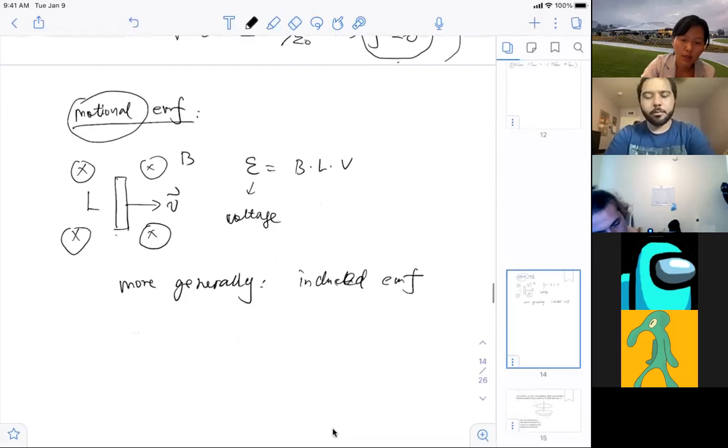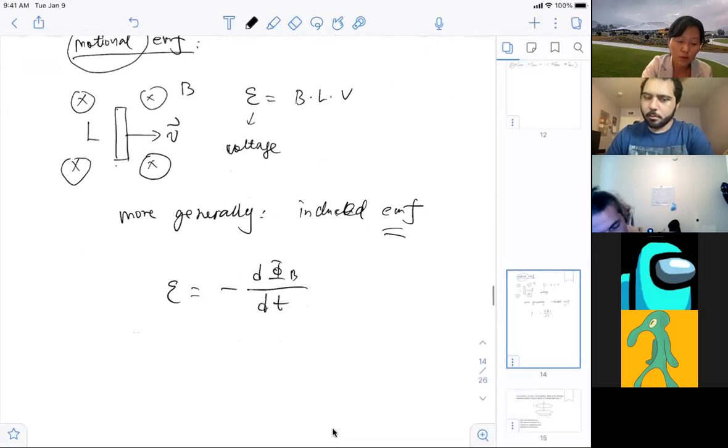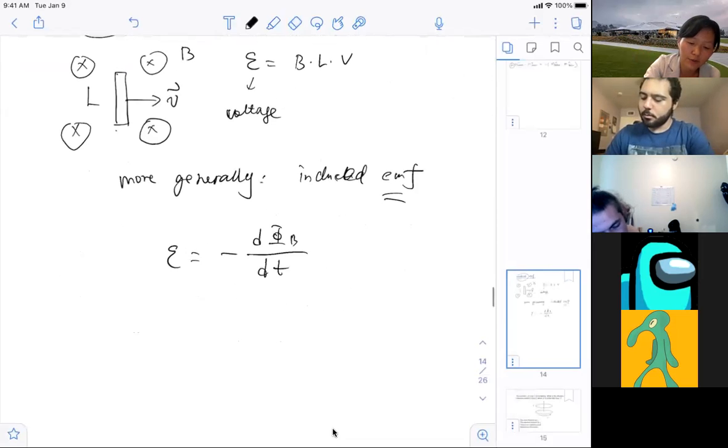You have the same effect in terms of generating EMF. More generally, you can write EMF as the change of flux over time. Okay, so what does this look like? Let's further expand the left and right hand side. So this is really essentially Faraday's law.